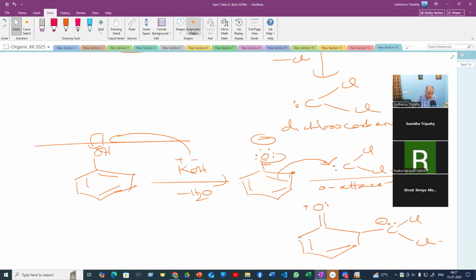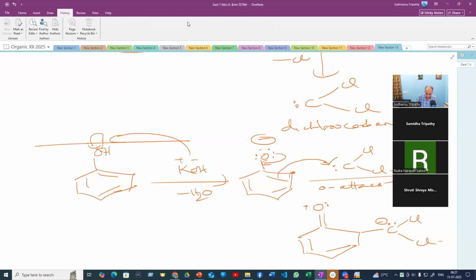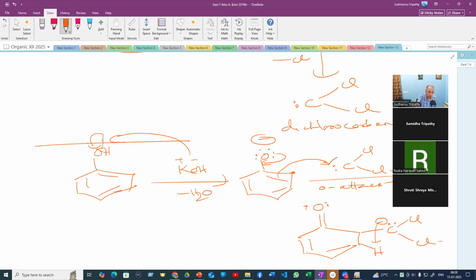Now what will happen? There is a proton transfer. Immediately there will be a proton transfer, for the aromaticity. Three things will happen. This will abstract a proton, not from the ortho position, I mean from that same position.